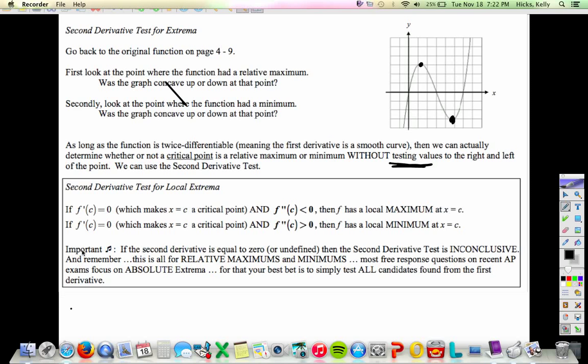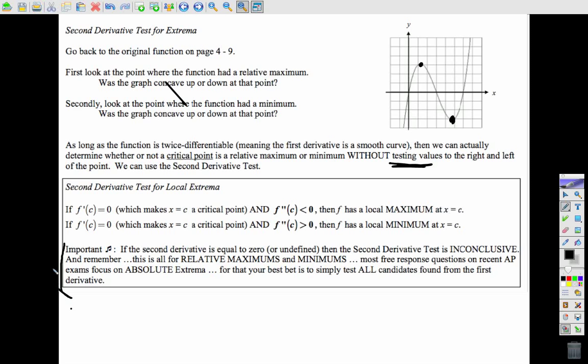So take a second and read this. Primarily, it tells you that we are doing relative maxes and mins, not absolute maxes and mins. In most AP free response questions, they discuss absolute extrema.